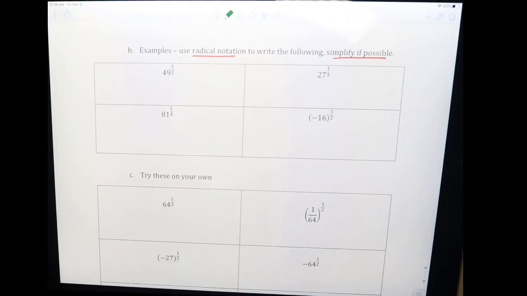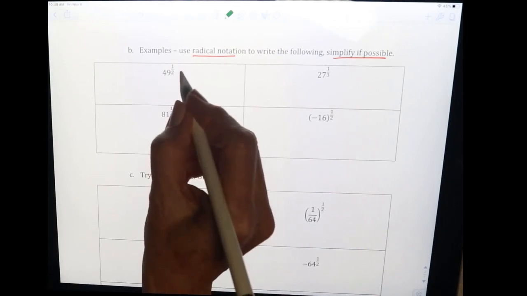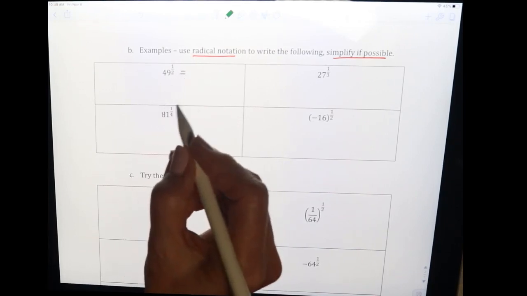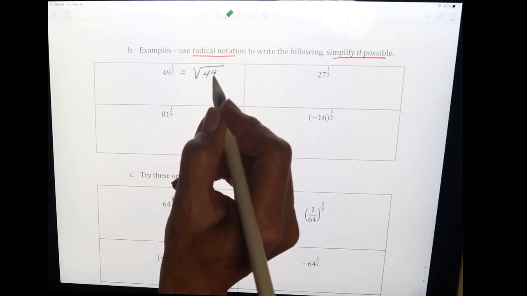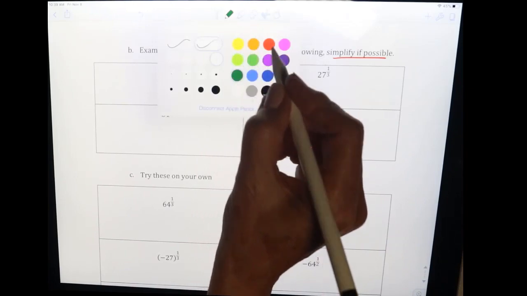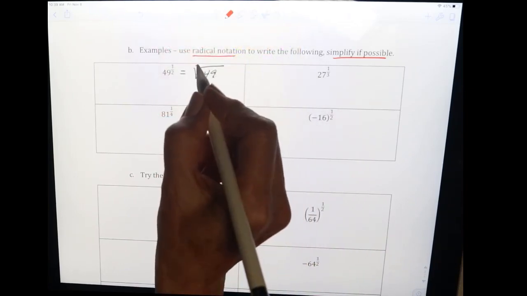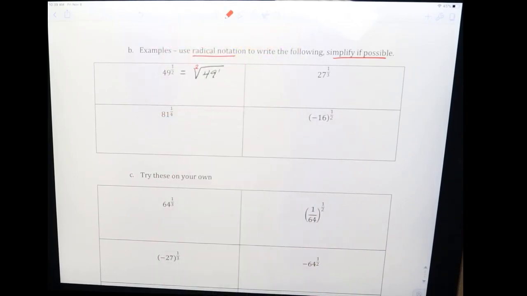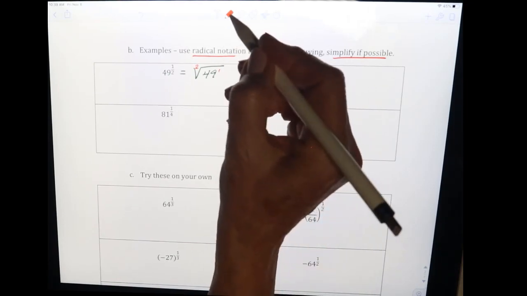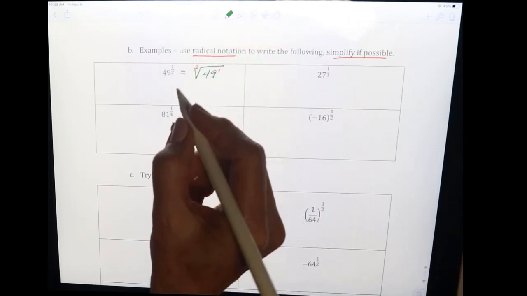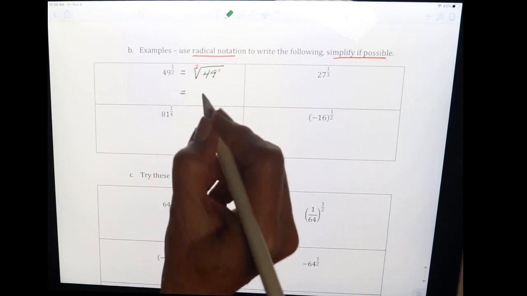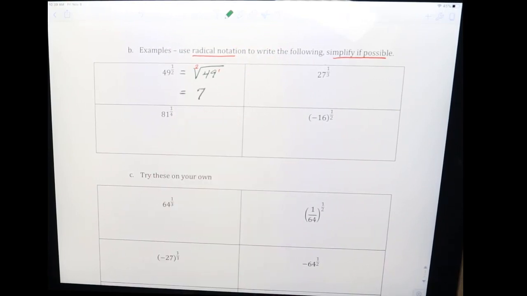We're going to take them to radical form. So 49 raised to the power 1/2 becomes the square root of 49. What happened to the 1 and the 2? Well, the 2 is understood here and the 1 is understood there. So for square roots to the 1st degree there, you don't need to worry about writing all that down. And of course the square root of 49 is 7.